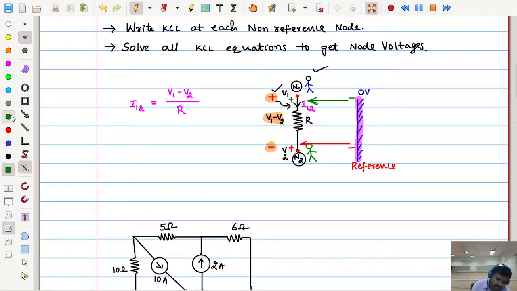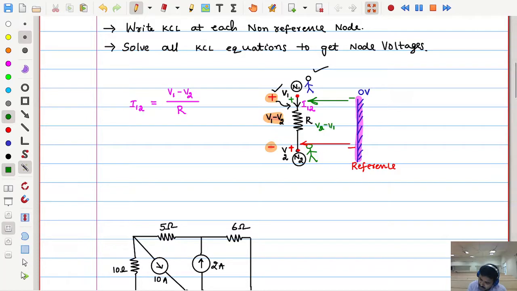Next, having moved away from node 1, it is now node 2's turn. What does he think? He is a competitor to you. Definitely he also thinks that he may win the match. Once he is attending a match, he won't demote himself thinking that he will lose. His motto is that he will think his voltage is more than the other person's voltage. Then from his point of view, if V2 is more, can I write it this way?